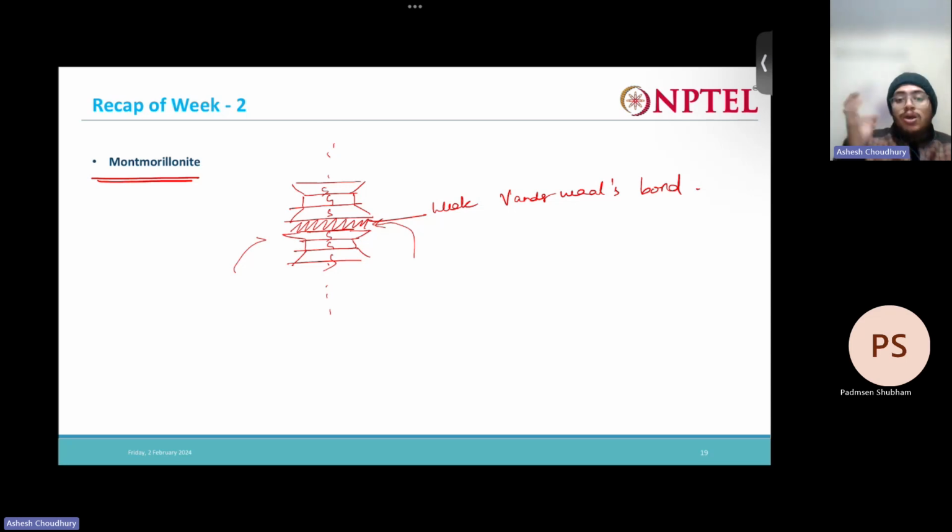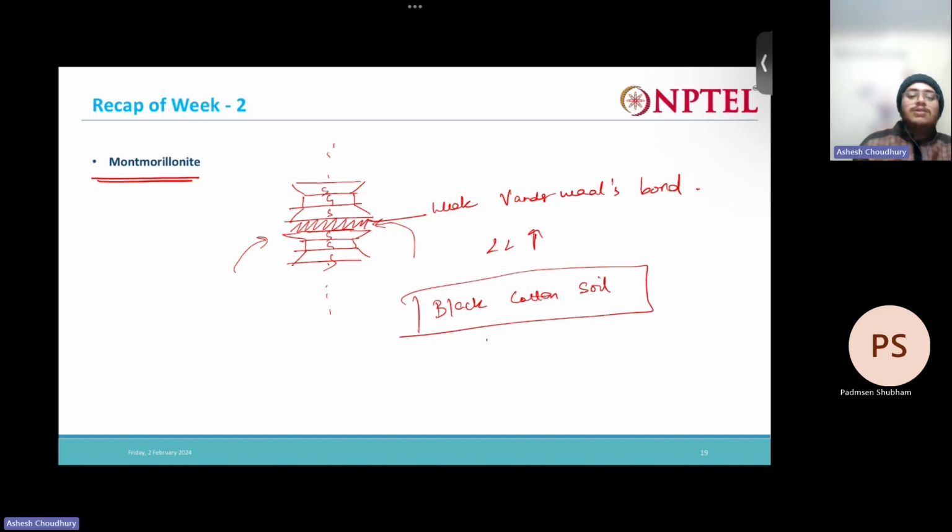They can hold a huge amount of water on the surface. So for montmorillonite the liquid limit is very high. An example of a soil which contains montmorillonite is the black cotton soil.